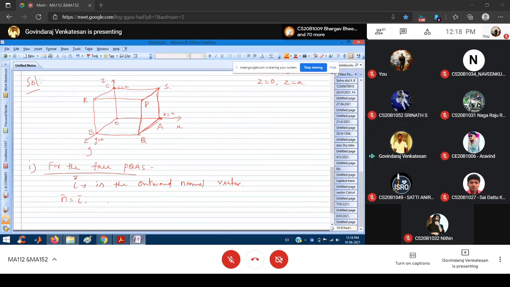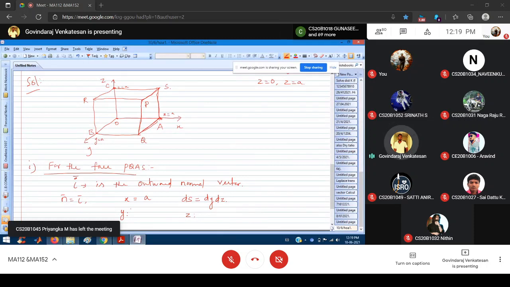So what is the value of x on this side, PQAS? The value of x is a. Very good. So therefore, my surface element ds is nothing but dy dz, that means variation in y and variation in z only. What is y varying from?